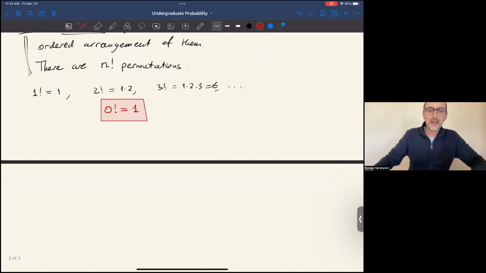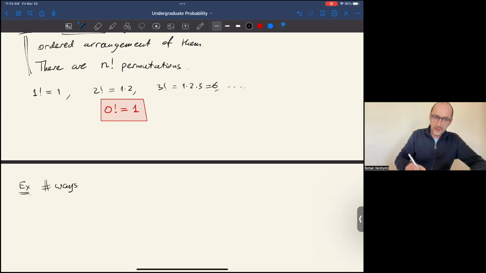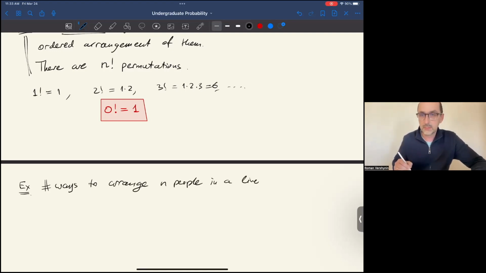To finish off, let me ask you 2 trick questions. First question: how many ways are there to arrange n people in a line? By the way, if I ended here, the answer would be n factorial, of course.